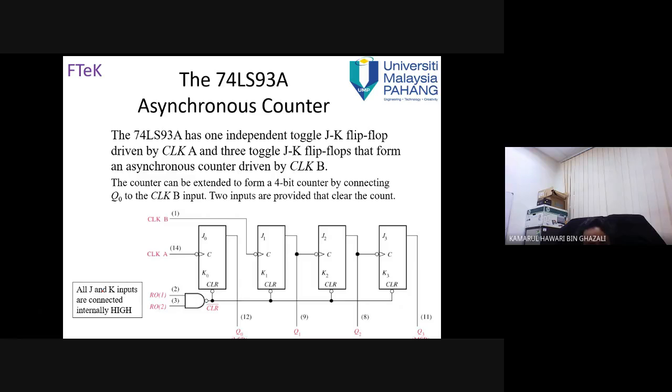All JK inputs are connected internally. So this is the 4-bit. If you want to reset at a certain number, you just connect this NAND gate to the Q outputs, Q0, Q1, Q2 or Q3.